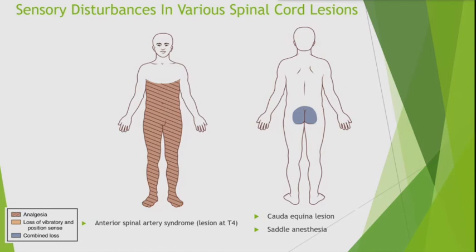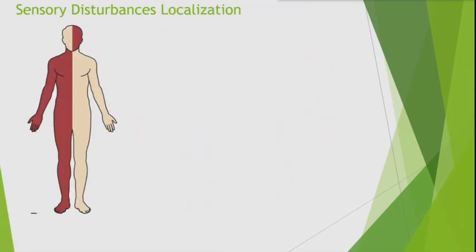So what we have learned so far is that by properly examining and delineating the area, you can make a reasonable anatomical localization, and also by testing different sensations, you can differentiate and make a proper diagnosis. So sensory disturbance, what is this?